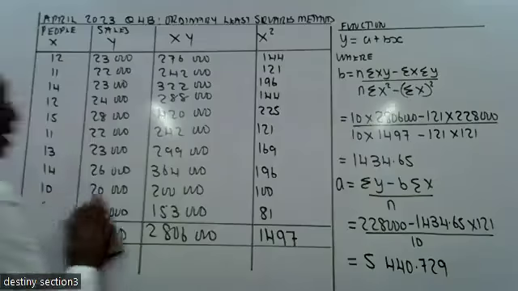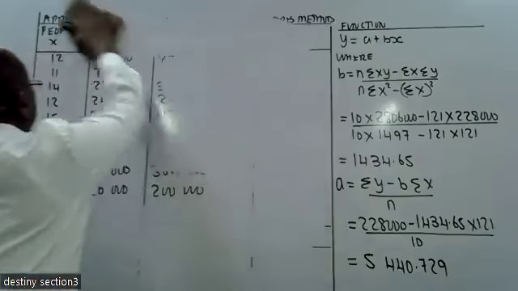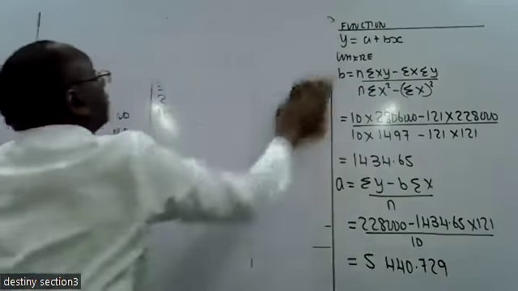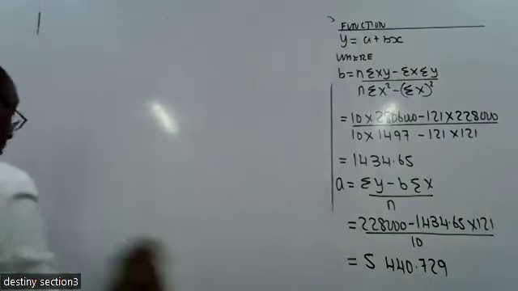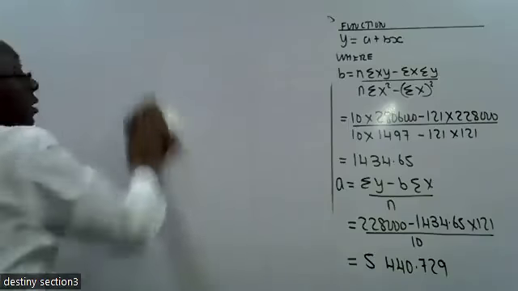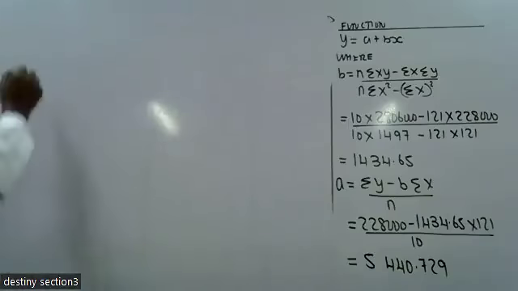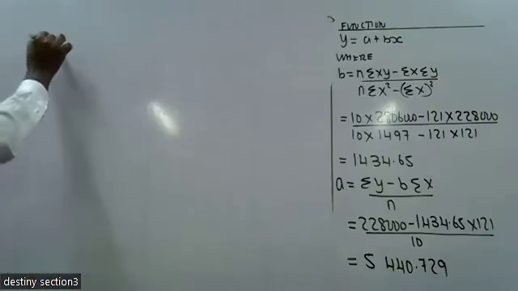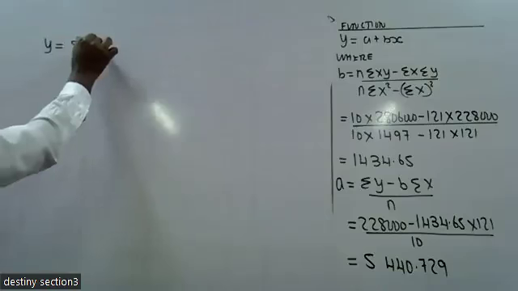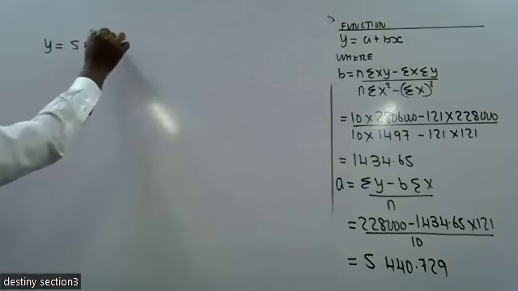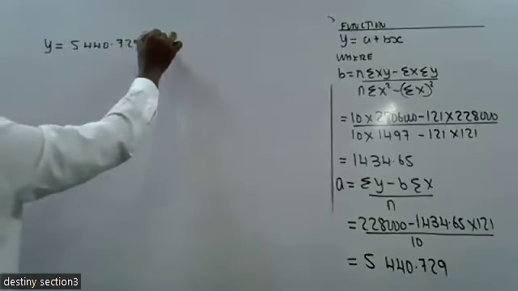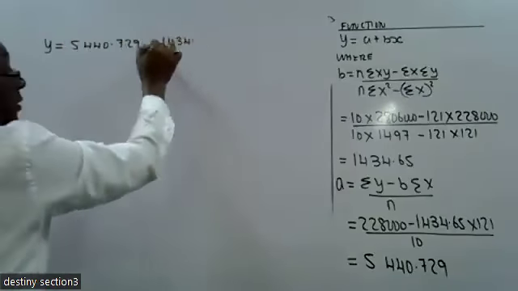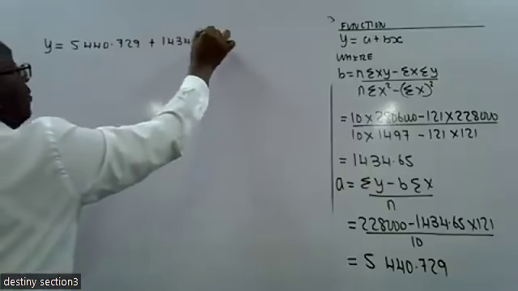So if that is the case, then we are told to interpret that. So first of all, we say y will be equal to 5440.729 plus 1434.65x.